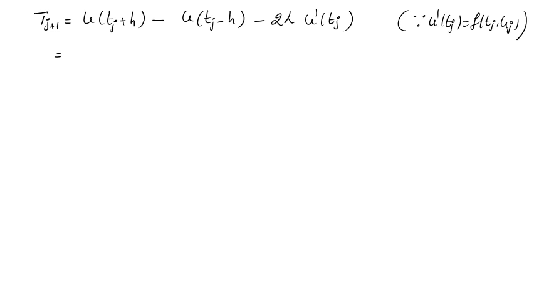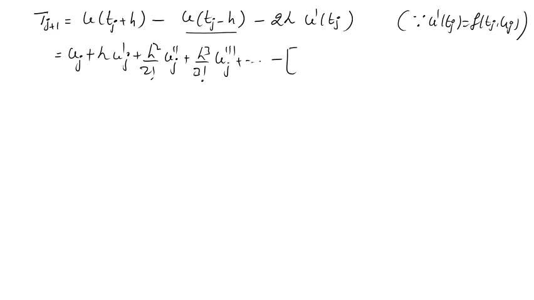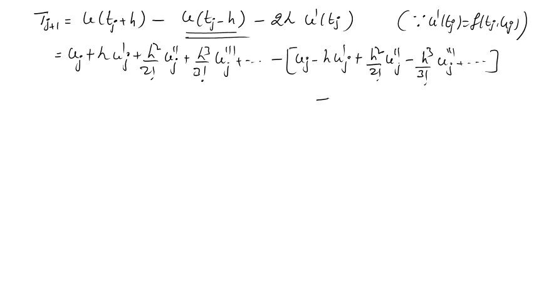Now let us use Taylor series approximation. This is uj plus h into u dash j plus h square by factorial 2 u double dash j plus h cube by factorial 3 u triple dash j and so on, minus coming to this expansion, uj minus h into u dash j plus h square by factorial 2 u double dash j minus h cube by factorial 3 u triple dash j and so on, minus 2h into u dash j.